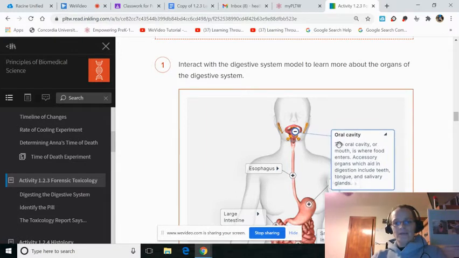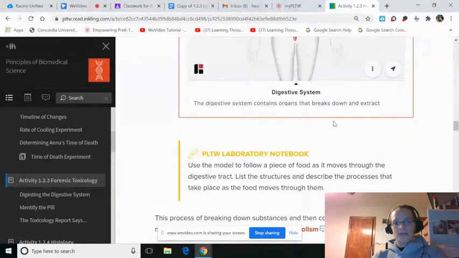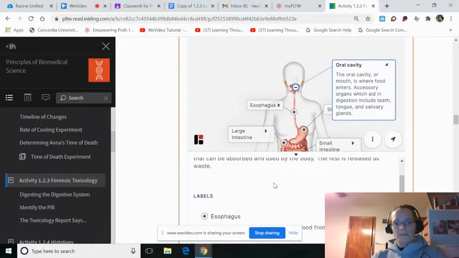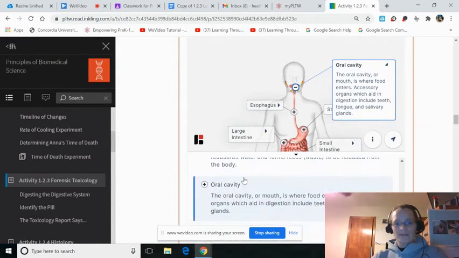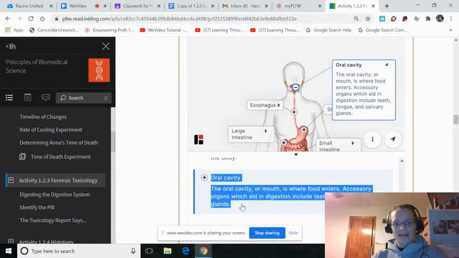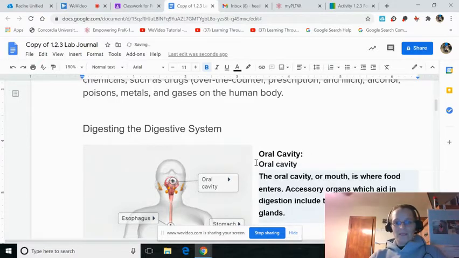So the oral cavity. Let's see if I can scroll down. And here we go. Let's hopefully copy and paste. Yes, control copy. And then paste that right here where it says oral cavity. Let me delete this. You don't need that.